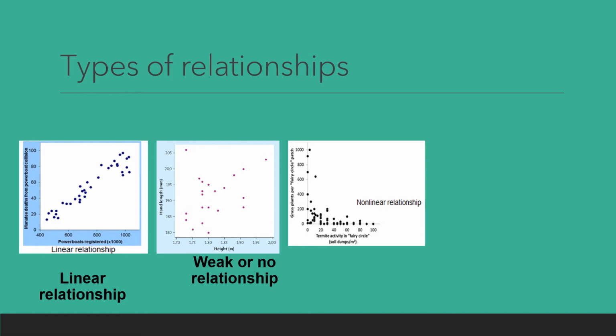It doesn't lie on a line, or it's not close to any line. So we say that it has a weak relationship, or there is no relationship at all. The third diagram, though I don't have a line representing all this data, I can still imagine a curve. So it is curvilinear, or we can say that it is a non-linear relationship.